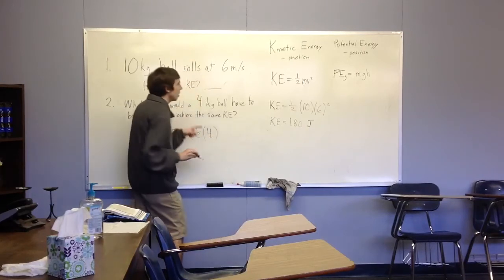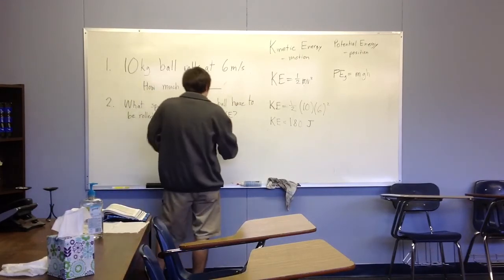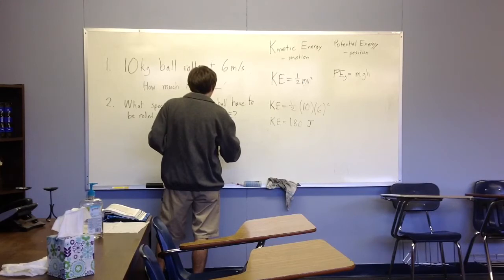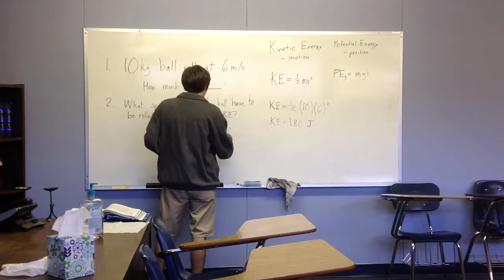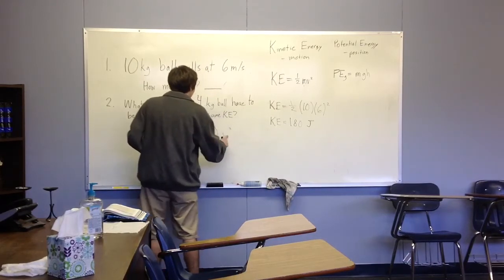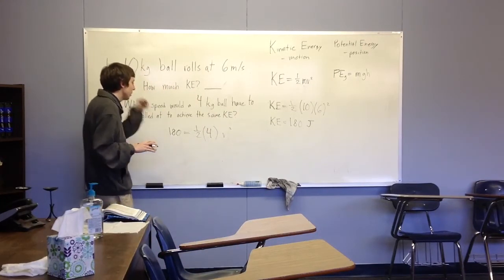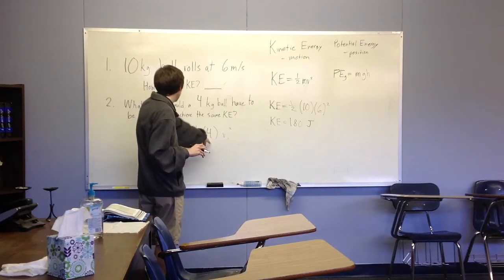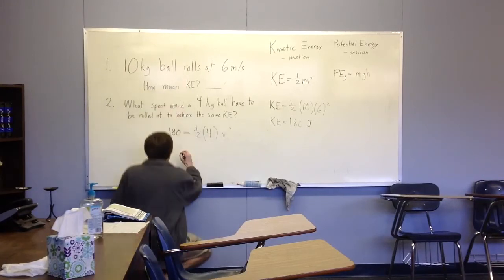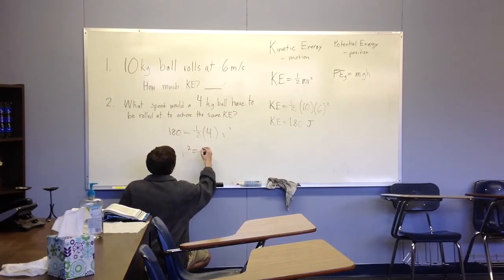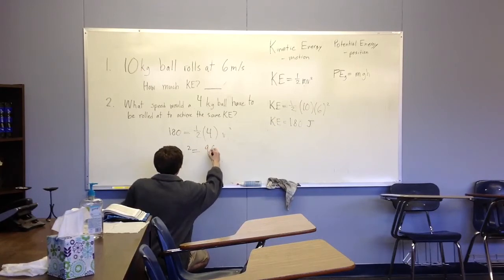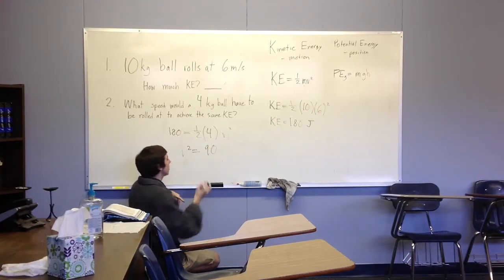But we're trying to solve this time for the velocity. So this is going to be v squared. Let's get everything on this side using algebra. This is going to be 2, so we'll divide 180 by 2. V squared equals 90. And then we take the square root of both sides.